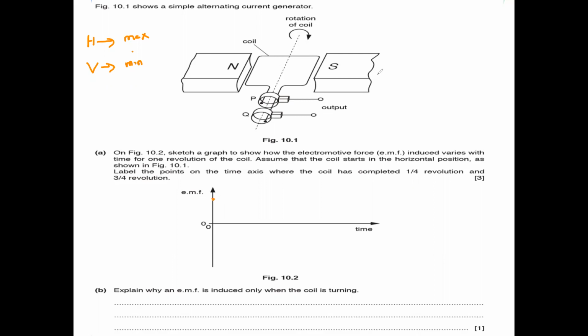If the same question was there and the coil was started with a vertical position, so this was the position in which they give you the coil, then we'll start our graph with a 0, minimum. But when it is horizontal, we should start with a maximum value.